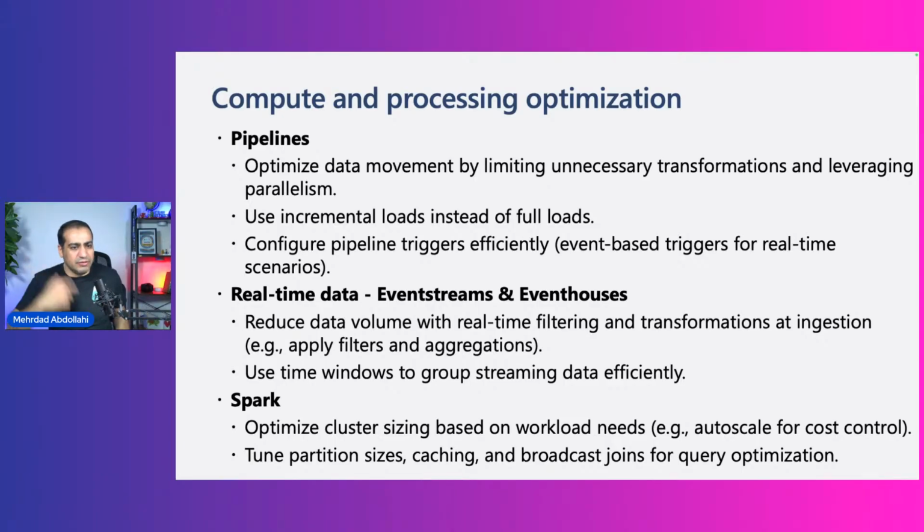So think of how you can push more pressure on the source rather than on your data solution in Fabric. In real-time data, which is event streams and eventhouses, it is a general recommendation that you reduce the data volume by filtering and transformation at the ingestion level, and use time windows to group streaming data efficiently.